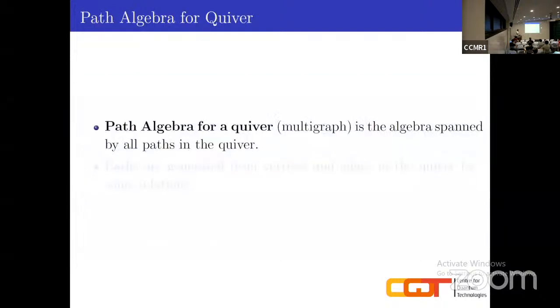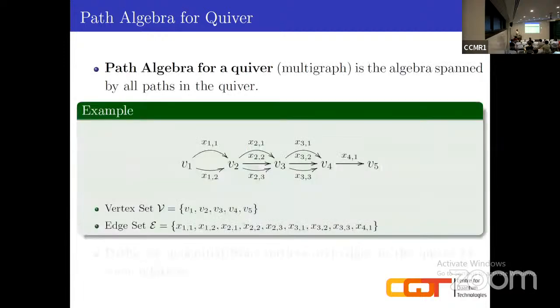Here is the instance of the algebra we will use to prove it. It's called the path algebra of a quiver. The path algebra of a quiver is an algebra spanned by all the paths in the quiver. And the quiver is just a simple multigraph. Here is an example of a quiver.